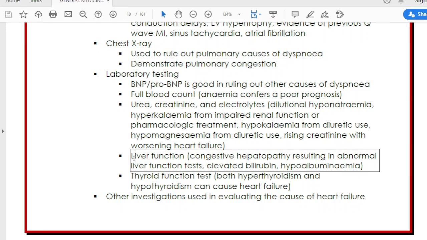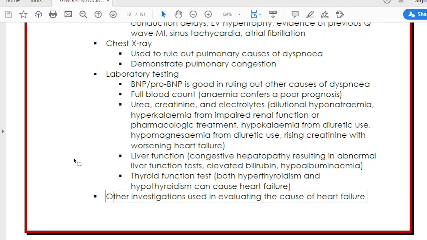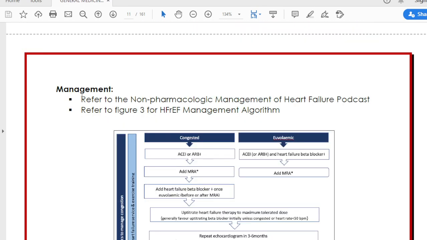Liver function: congestive hepatopathy resulting in abnormal liver function tests, elevated bilirubin, hypoalbuminemia. Thyroid function test: both hyperthyroidism and hypothyroidism can cause heart failure. Other investigations are used in evaluating the cause of heart failure.